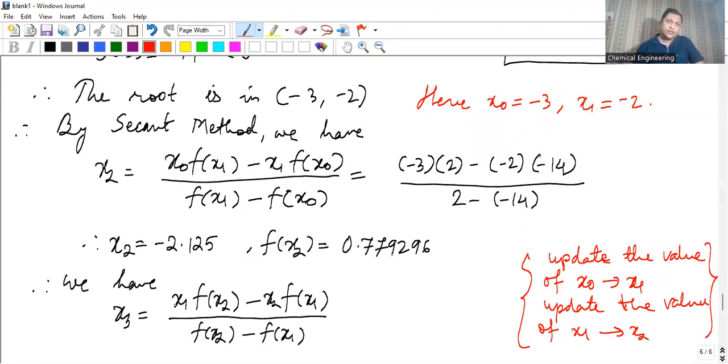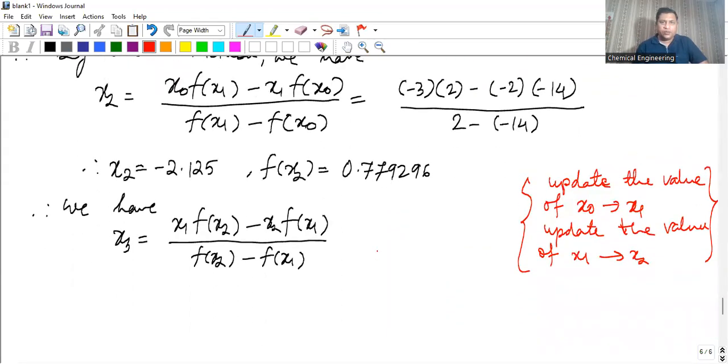So x0 is replaced by x1 and x1 is replaced by x2. That means we have to remove x0 and consider the interval x1 to x2 now. That's why it becomes the nested interval. And we have all these values now.